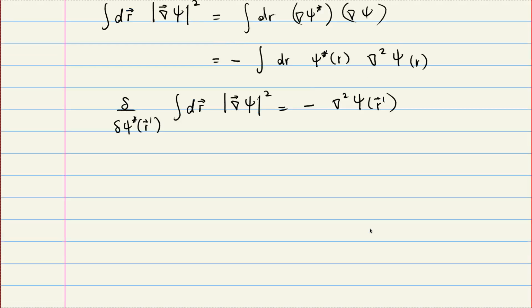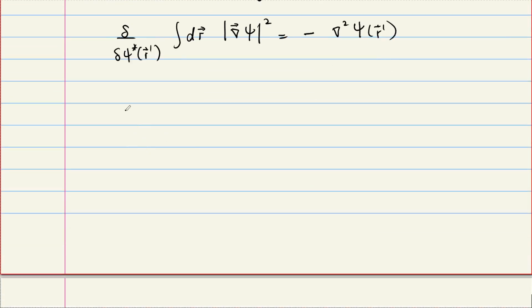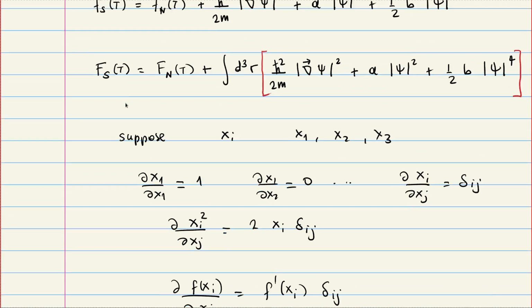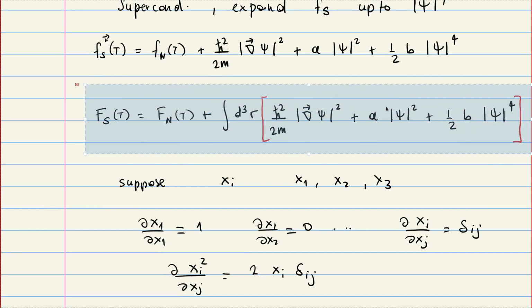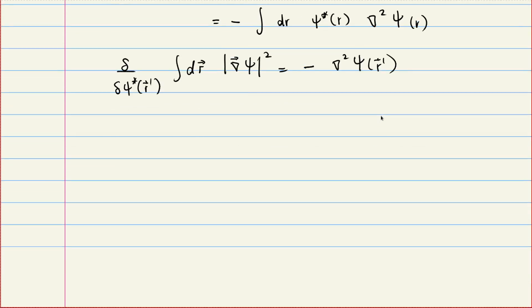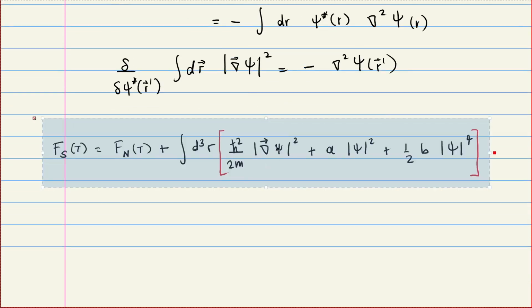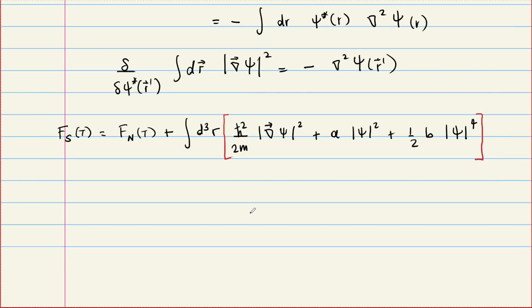Then our job is to minimize this f. Let me write this one more time. I want to set ∂f/∂psi star of r prime, I take the derivative and I want to find the optimum point, so I will set it to 0.